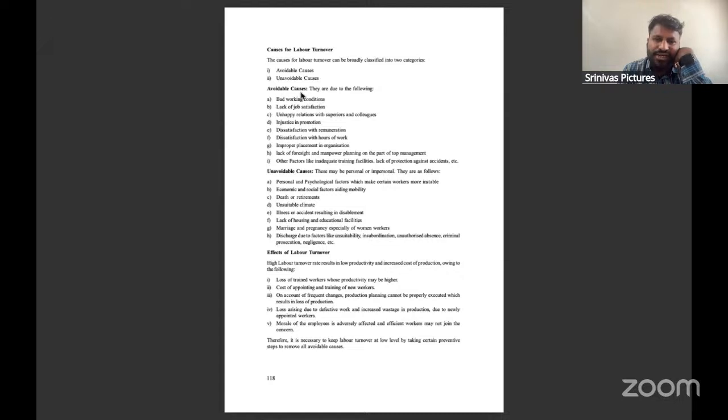These are all avoidable causes. If you provide better options to the laborers, you can avoid these causes. But unavoidable causes, we cannot avoid and cannot control either.